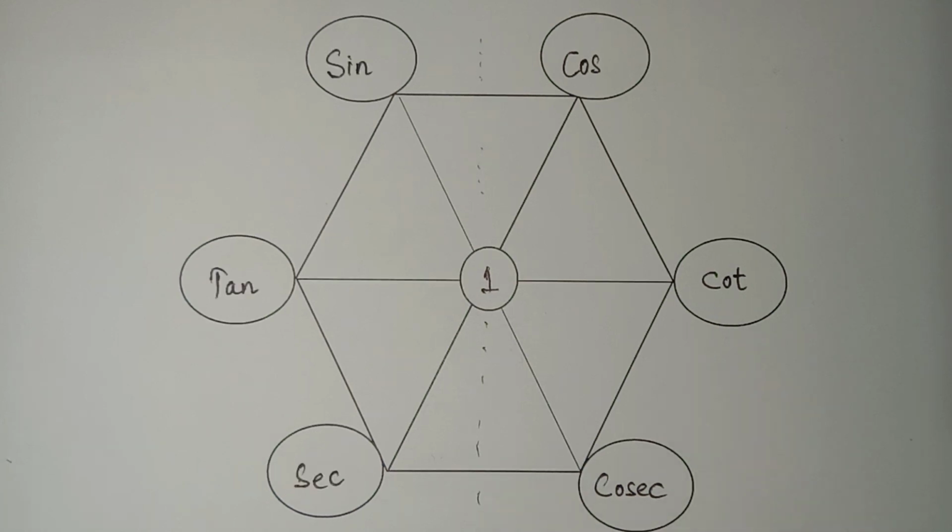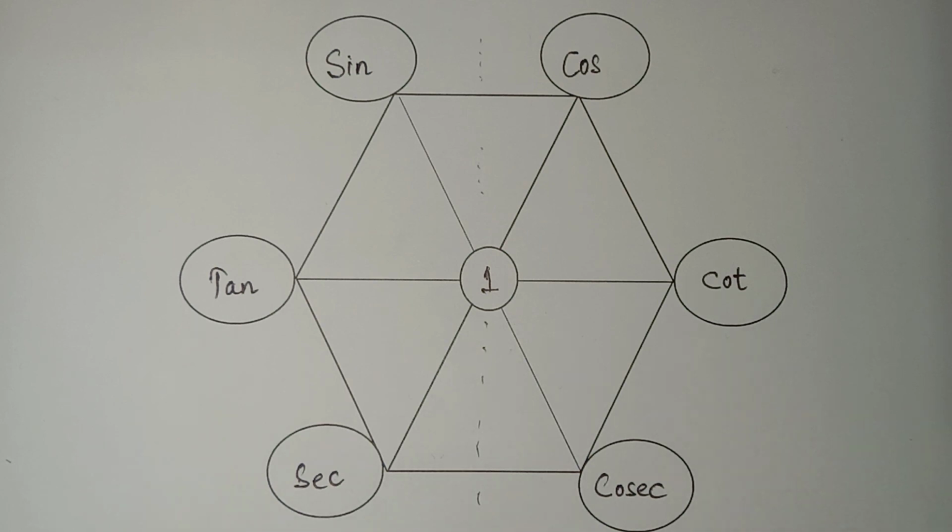Okay, now our magic hexagon is ready, and this is going to give us the various identities. First of all, let's check how the reciprocal identity is found from this hexagon. For reciprocal identities, you just have to check the opposite corner.